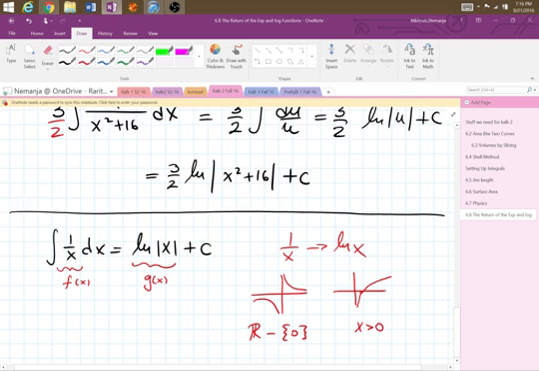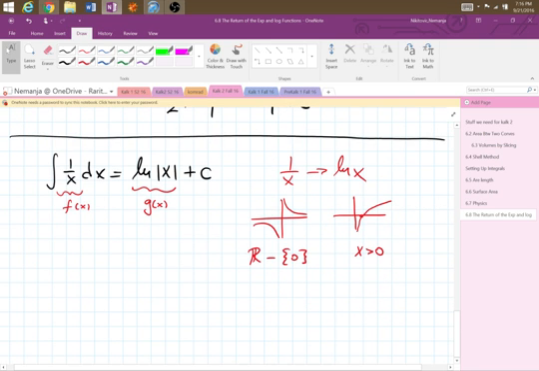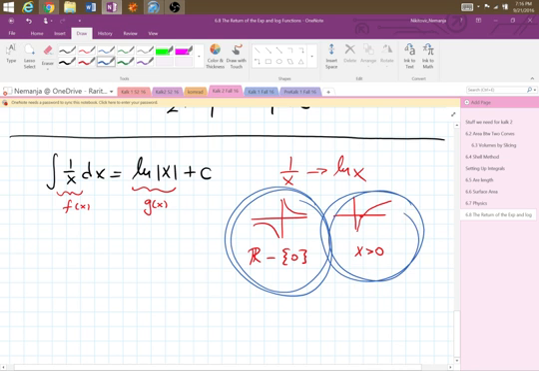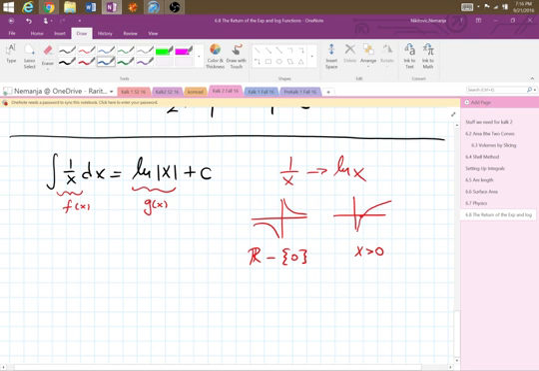So looking at these two graphs now, you see that this domain is much bigger than that domain. So what do we do? We put the absolute value. So what does the absolute value do?